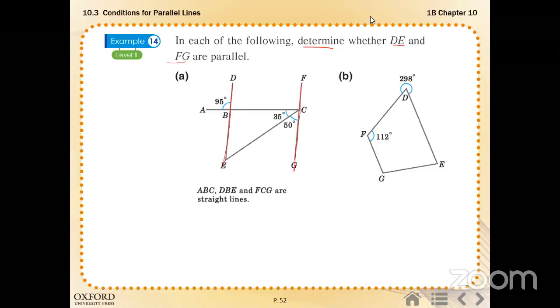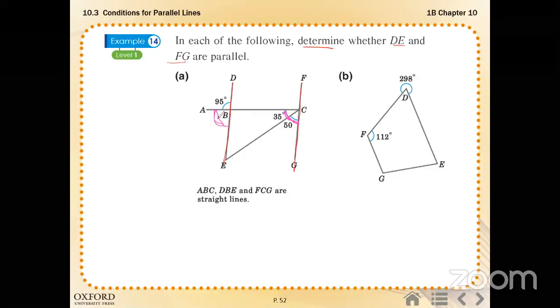Now, in this case, you have angles here. For this one, you can look for either the corresponding angles or alternate angles. If I look at this one, I can look at this one.